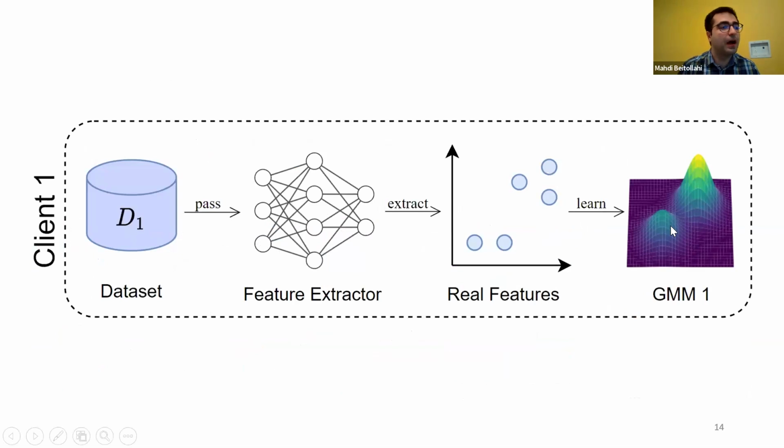Parametric models are probability distributions that we can learn from any features. So for example, here, we're using a Gaussian mixture model, a mixture of Gaussians, to learn the probability distribution of our real features.